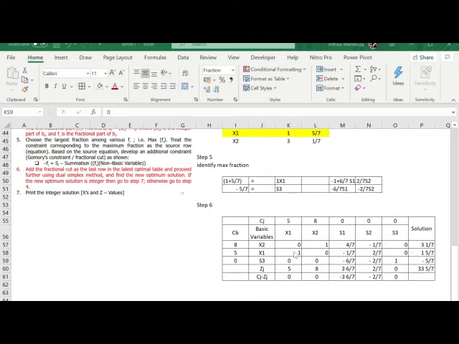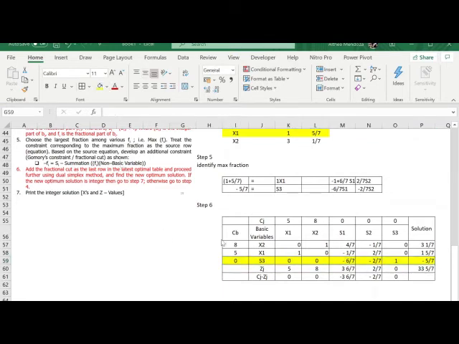Kung kanina ang tinitingnan niyo, nasa ilalim yung leaving variable, ngayon dito naman sa gilid. Negative yung basis natin. Only the third row or your S3 has a negative solution value, so si S3 ang ating leaving variable. S3 highlight natin, leaving variable.